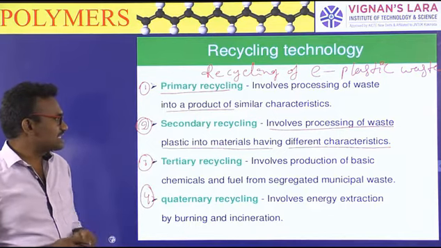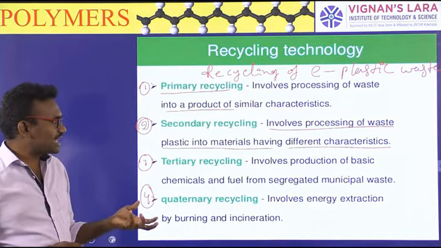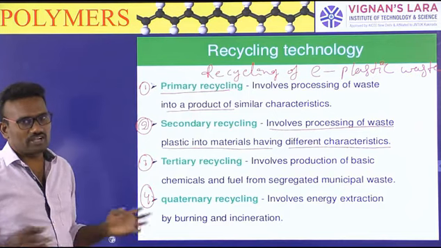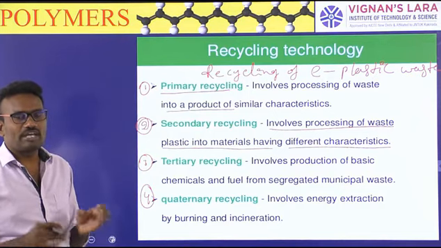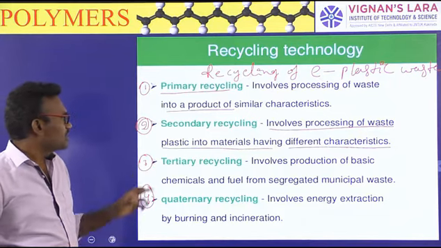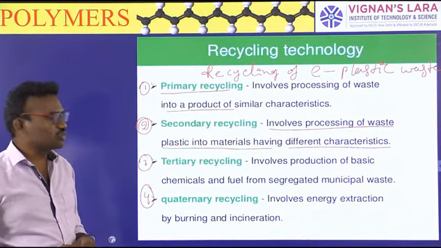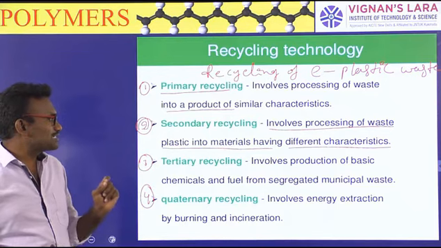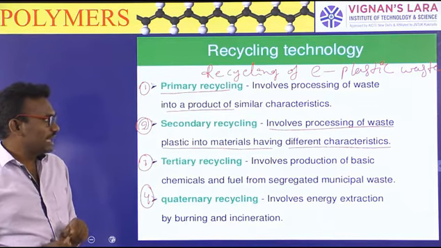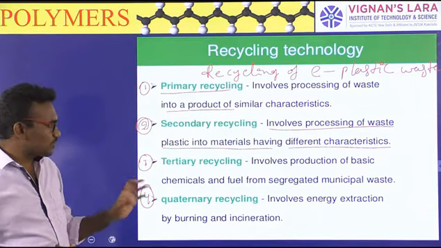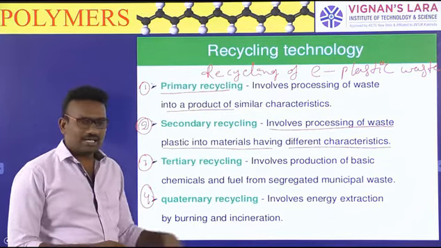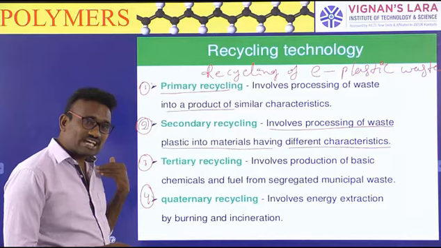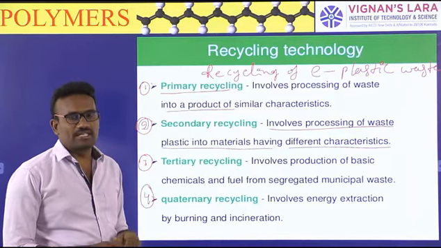So in secondary recycling, the first waste character and the product character are both different, because of the addition of some chemicals. In this process, by applying heat and adding chemicals, the characters of waste plastic materials are improved.